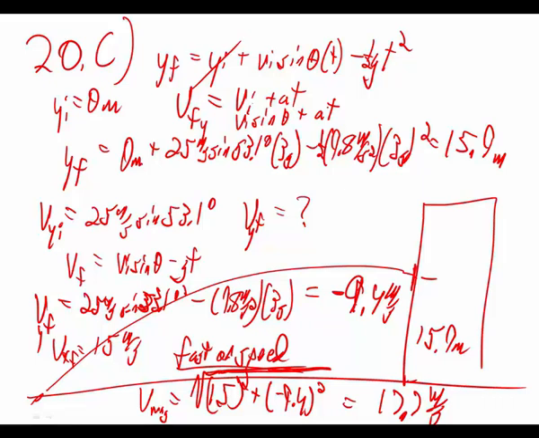Anytime you see V naught or V initial, that is not taking into consideration the x and y directions. That's just saying initial velocity. You have to find what it is in the x and y by doing sine and cosine. Now, you could have, like I said, just gone ahead and taken it and put it in here. It's the same thing.